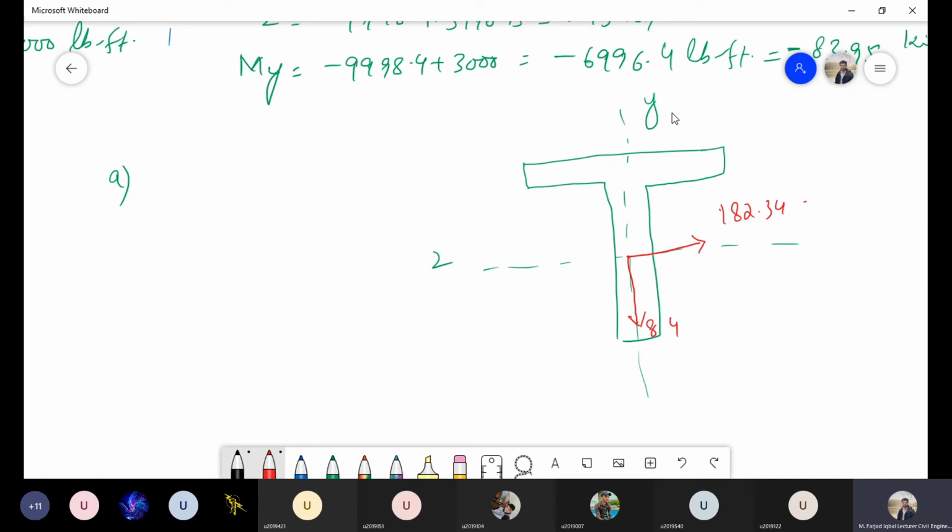The first thing that we were supposed to do in this question was find out the inclination of neutral axis. Now the inclination of neutral axis is tan beta equals Iz over Iy tan of theta, right? So what is tan theta now in this case?